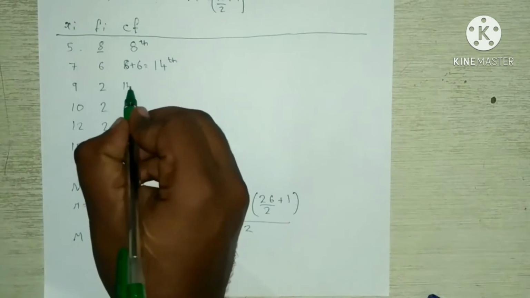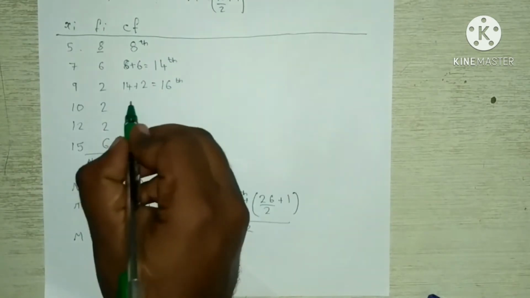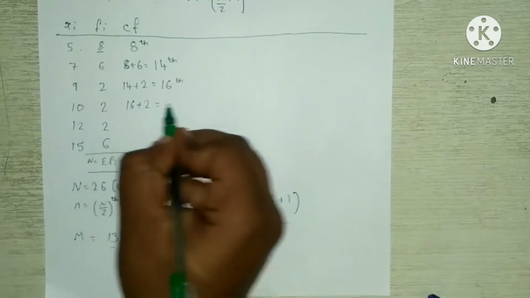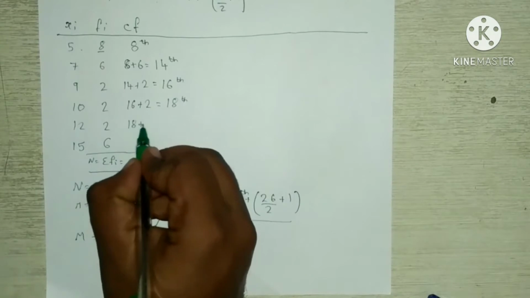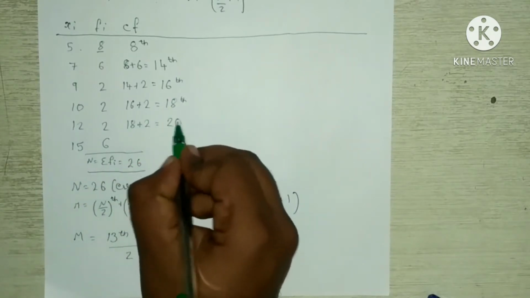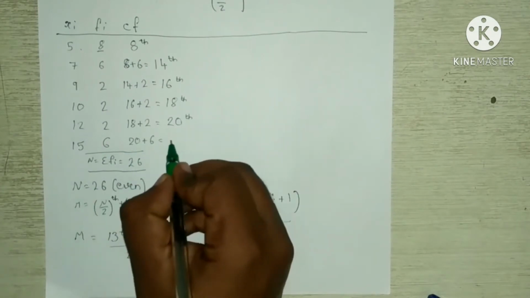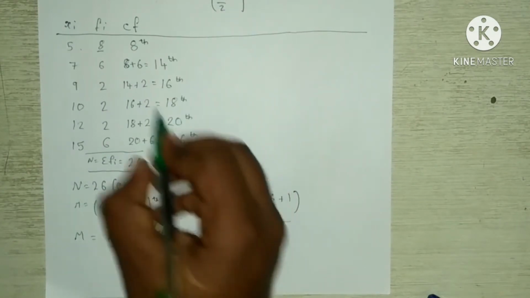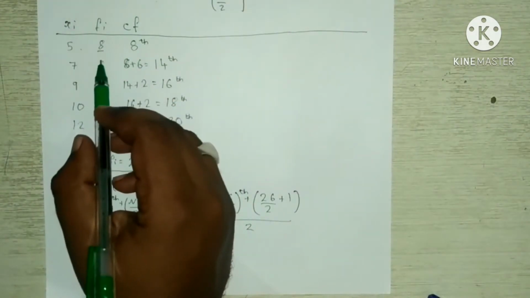Next, 14 plus 2 is the 16th term. Then 16 plus 2 is the 18th term. Then 18 plus 2 is the 20th term. Then 20 plus 6 is the 26th term. This is nothing but cumulative frequency. Keep on adding the frequencies.